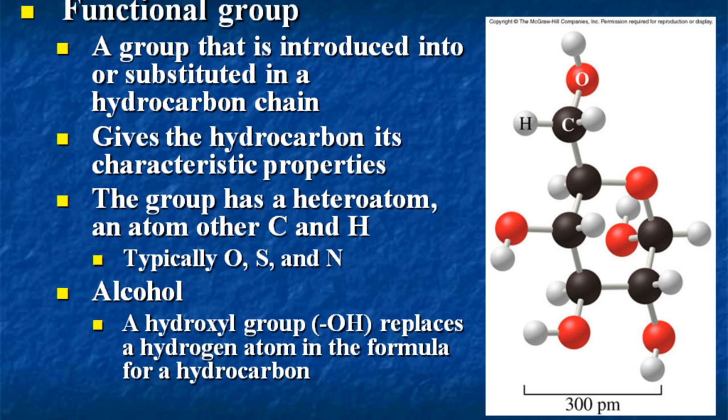Now, an alcohol group: when we say alcohol group, the functional group is a hydroxyl group, an OH group. Okay, so this is the picture of, what is this one? That is glucose, one of the simplest sugars.